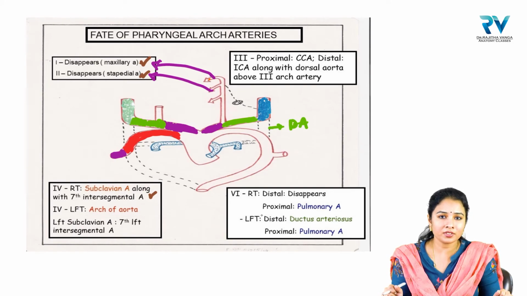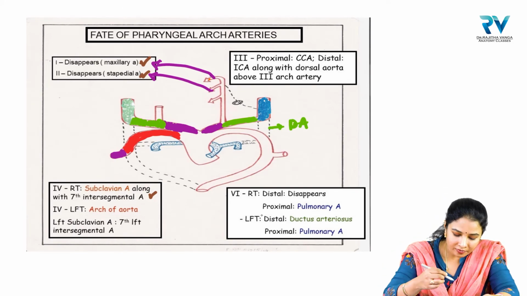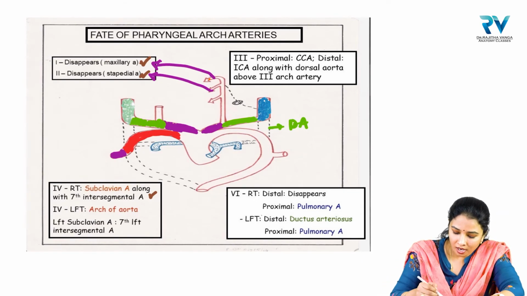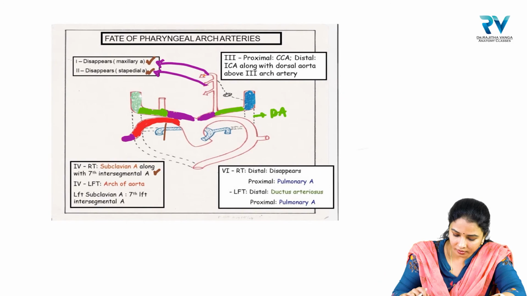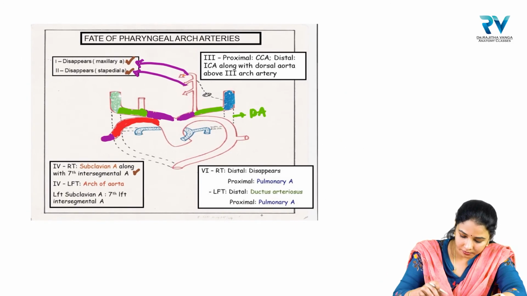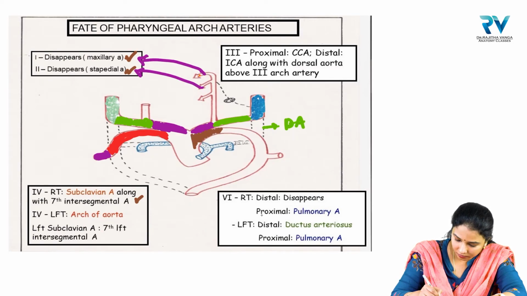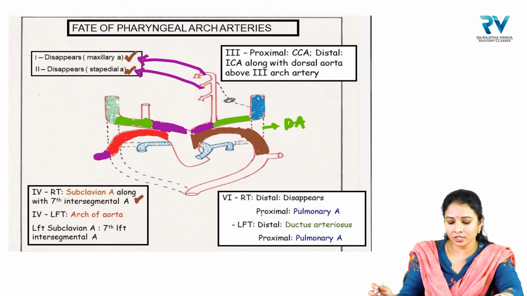Let's talk on the left side. Left side it is different. On the left side, the fourth arch artery gives rise to the arch of aorta. So the complete arch of aorta is derived from the left fourth arch artery.